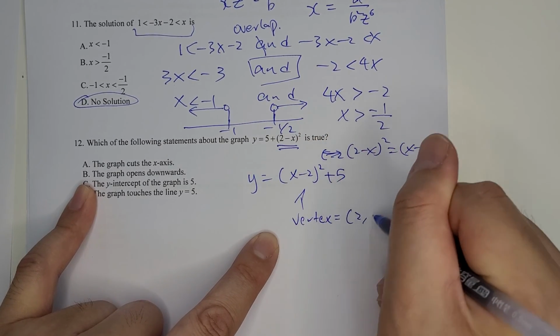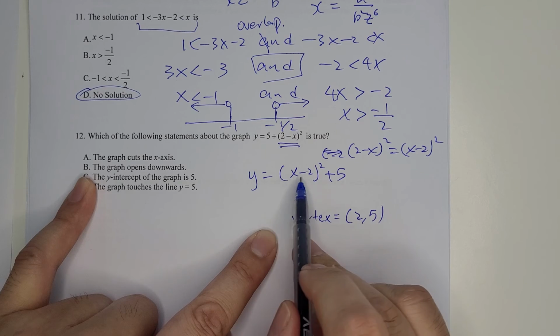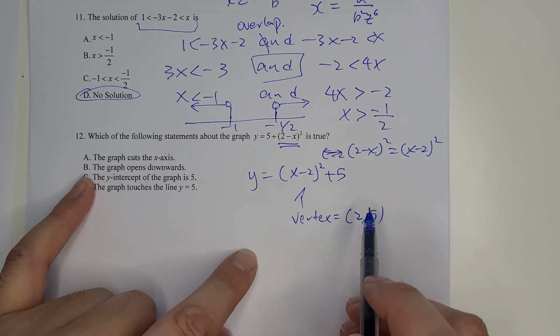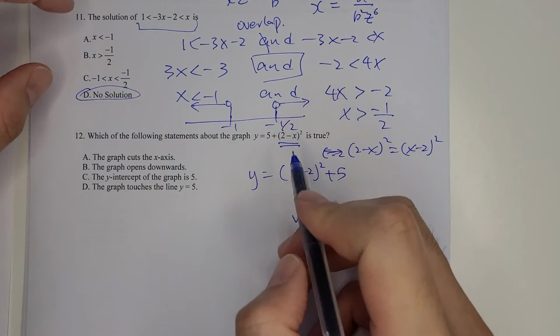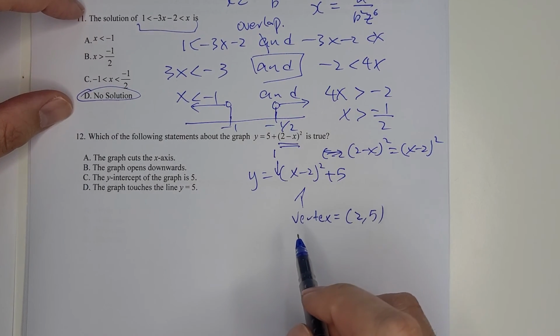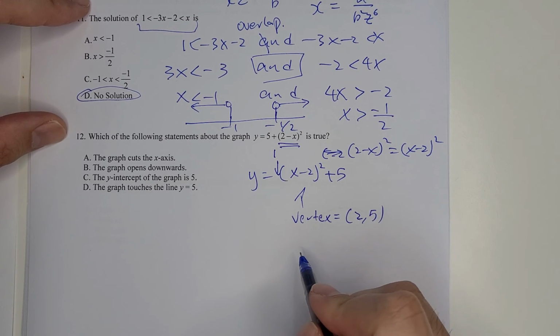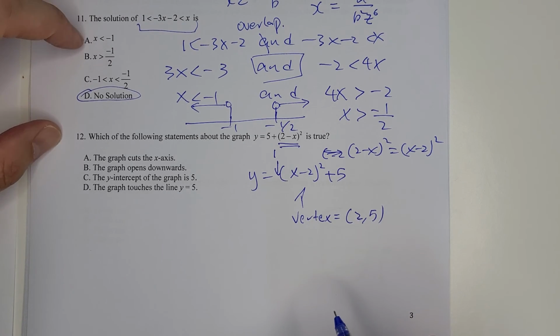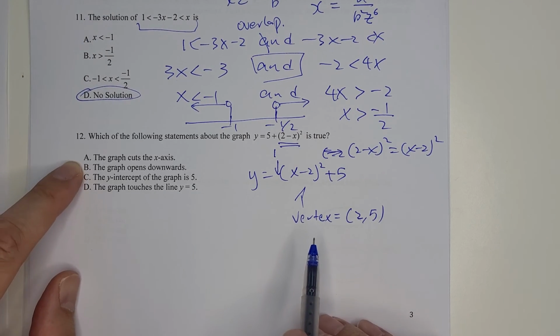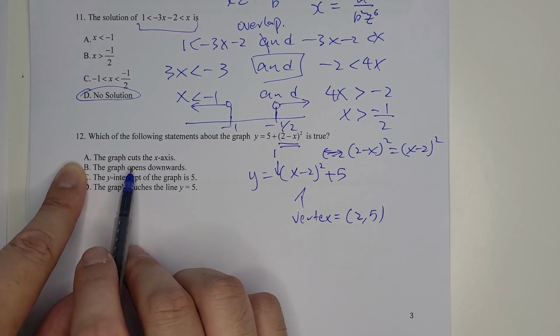The vertex is (2, 5). When there's x minus 2, the x-coordinate of the vertex will be positive 2. And here, the coefficient of x squared is 1, so that is open upward. Okay, let's look at the statements one by one. A. The graph cuts the x-axis.